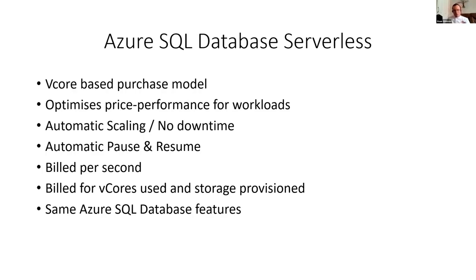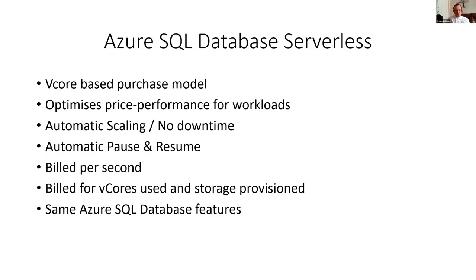The first of those features is automatic scaling. What you do with serverless is you define a minimum number of vCores and a maximum number of vCores. And then in the background, serverless will scale the number of vCores up and down as they are needed by your workload. You don't have to do anything.